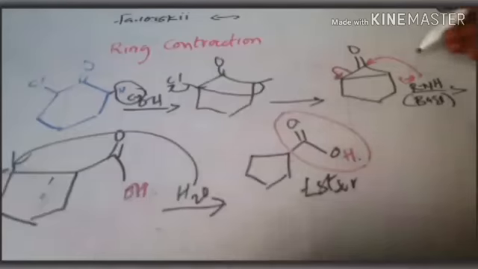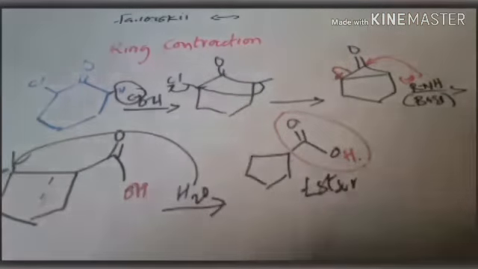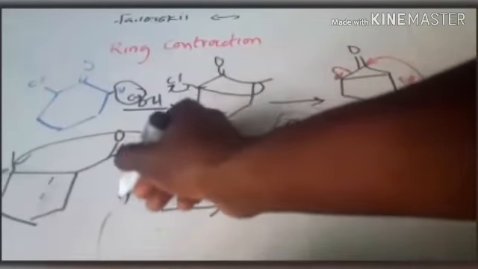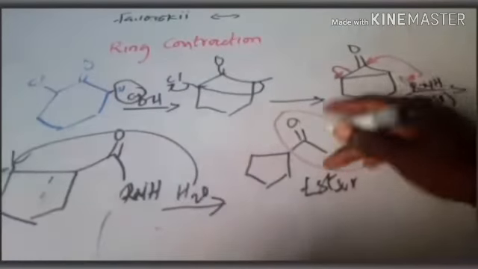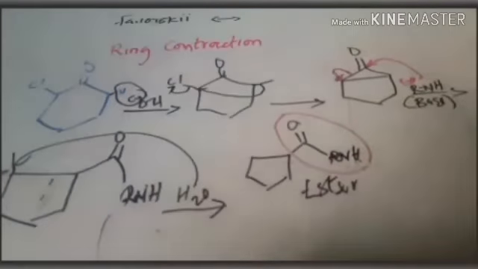The normal thing happens, it will attack and this bond will be kicked off to this carbon, making it negatively charged. You treat it with water, you get your RNH. You come here, you get your amine. So that is it. So this is how the reaction of Favorskii proceeds when you react with a base.